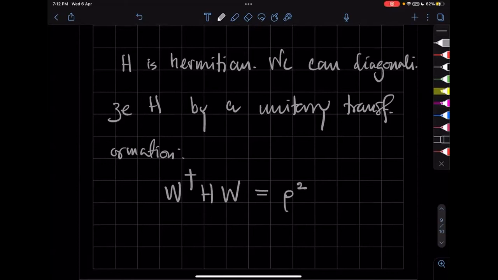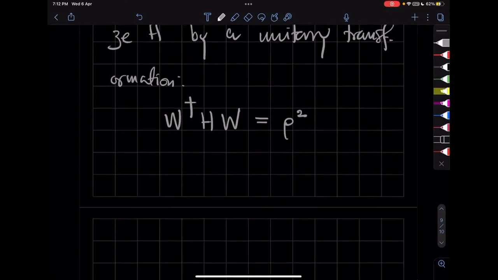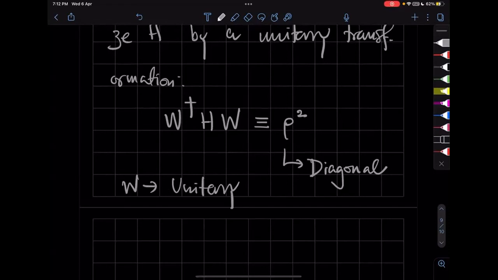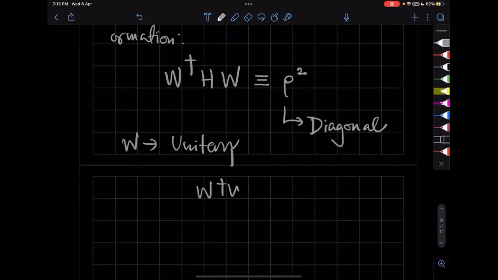Okay, we shall see it's a squared matrix. All the eigenvalues are positive definite numbers. I haven't proved it, but let this be just the definition of rho squared, but it's diagonal. So this is a diagonal matrix. Right, you know this, right? And this is unitary, meaning that W dagger W is 1. Okay?